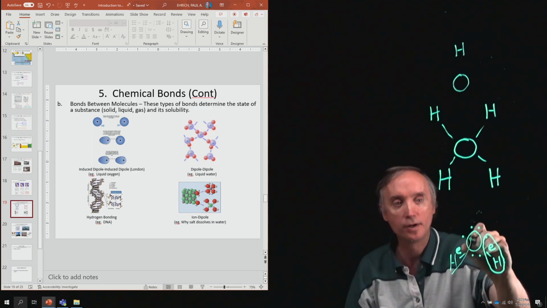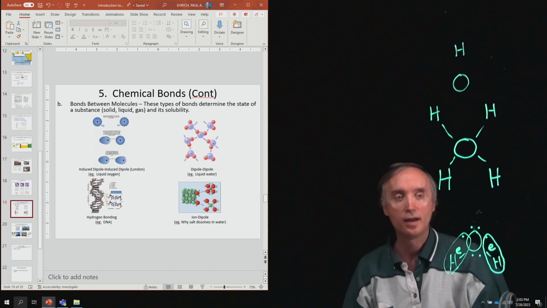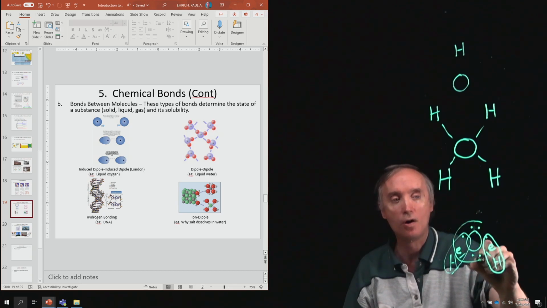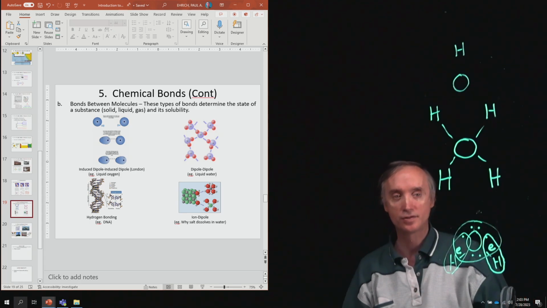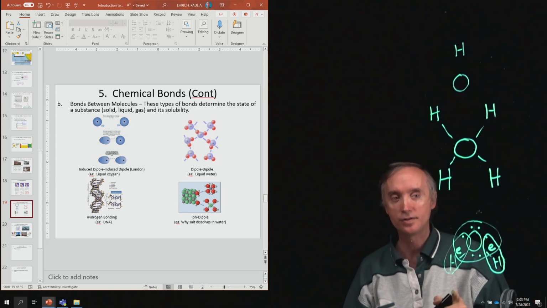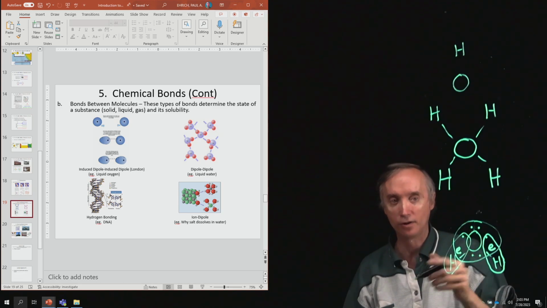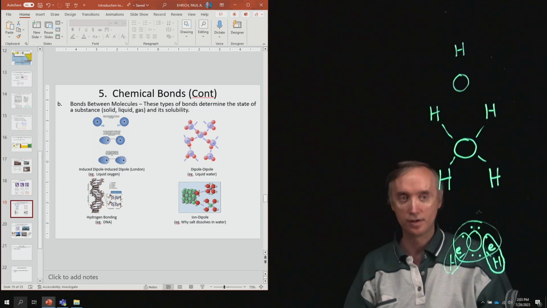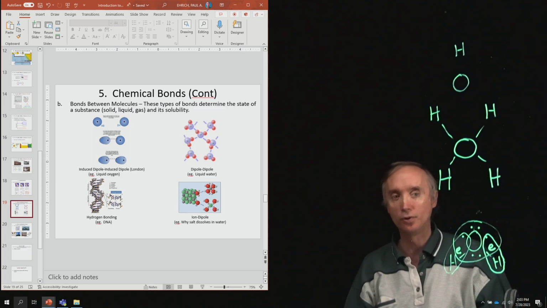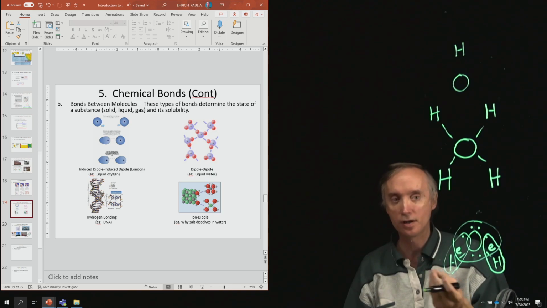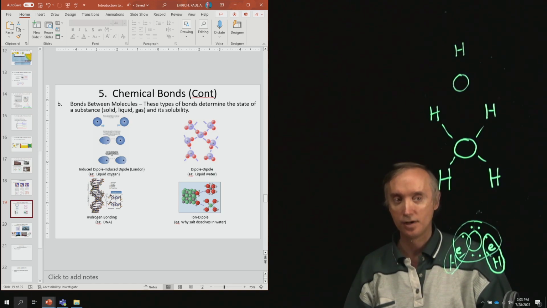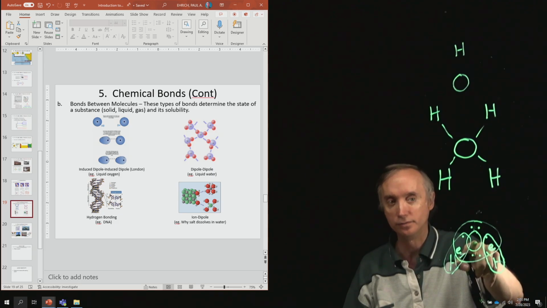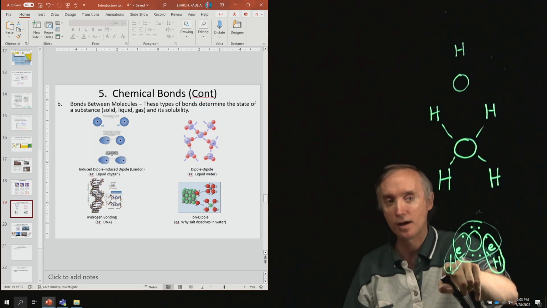This hydrogen's grabbing onto these 2 electrons, and oxygen is grabbing onto all of them. It's a tug of war. But oxygen is a bigger atom than hydrogen. It's got more electrical pull because it's got more protons in its nucleus. So that means the electrons spend more time around oxygen than they do around the hydrogen.